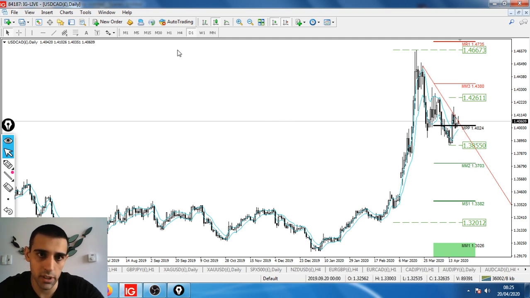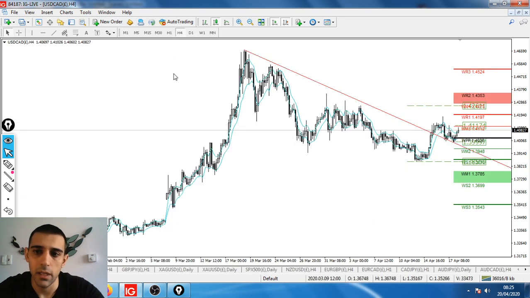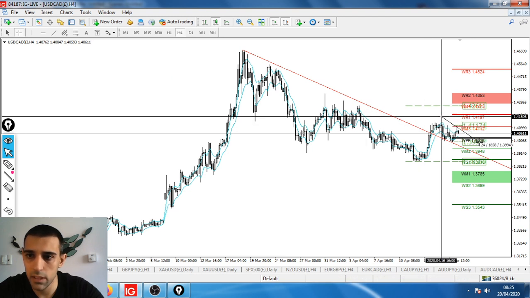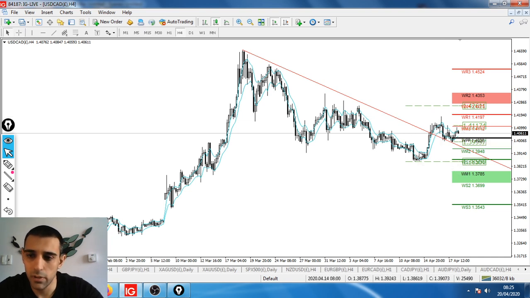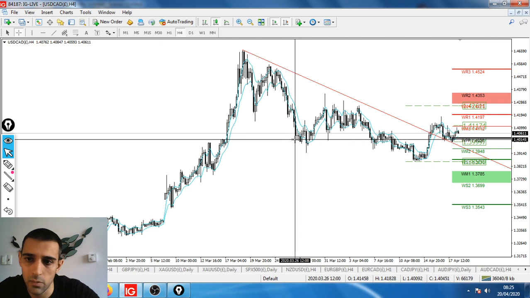As far as the short term is concerned, I'm looking for a downside at least. Let's drill down to the 4 hourly time frame. This candle on a short term is looking more down, so I would hold on to the downside rather than upside.